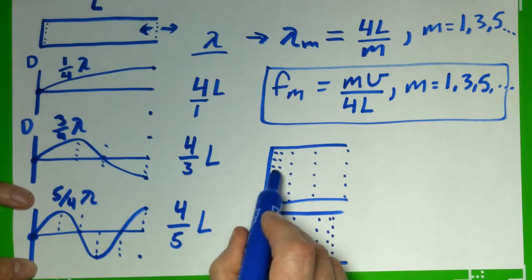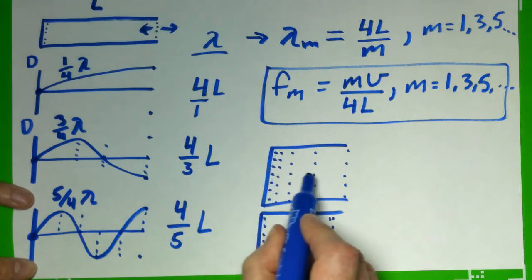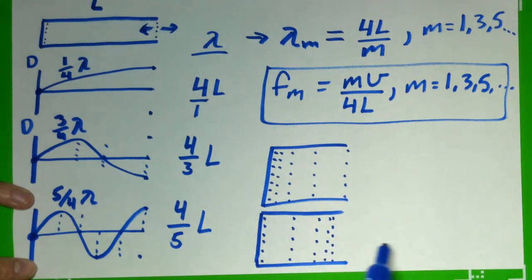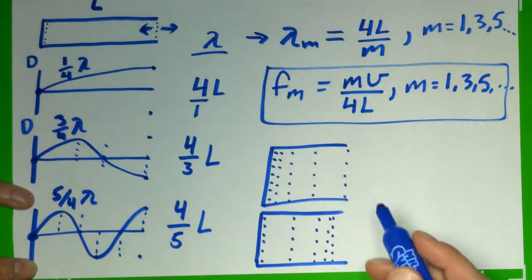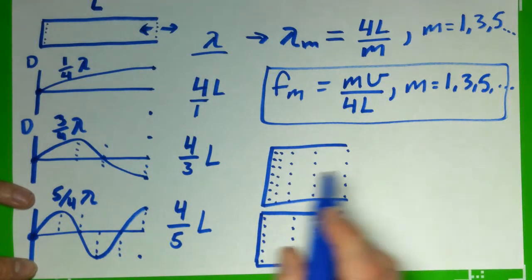So you can think about this compression zone as moving along the pipe, and then this rarefied zone, where the molecules are spread out, starts moving out, and the cycle will keep repeating. And so we end up with a pressure wave that's traveling.